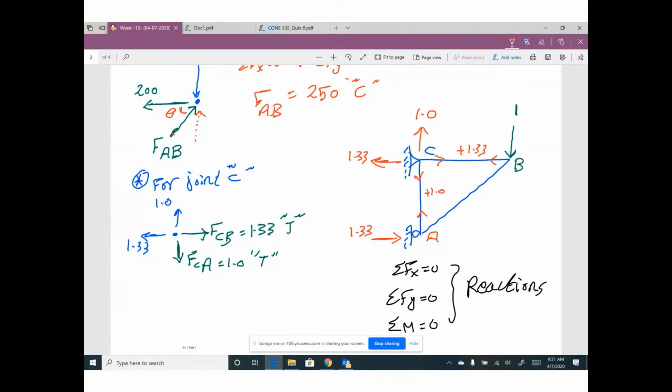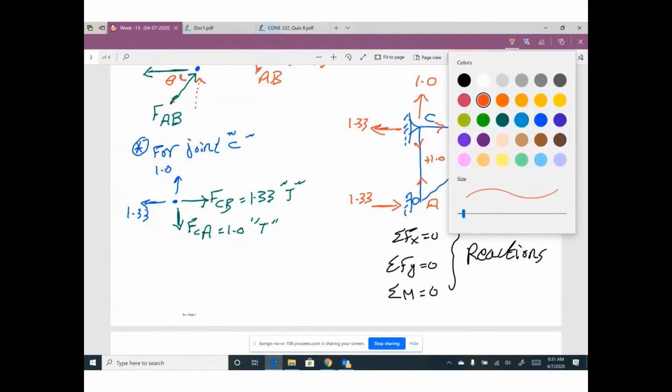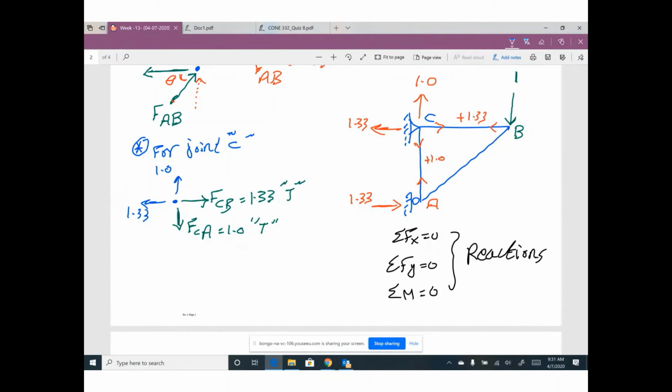I'm still looking for the force in member AB, so I will try to do joint equilibrium at joint B. What do you have at joint B? We have a vertical force 1. We have a horizontal force equal to 1.33. We have an inclined force called FAB.